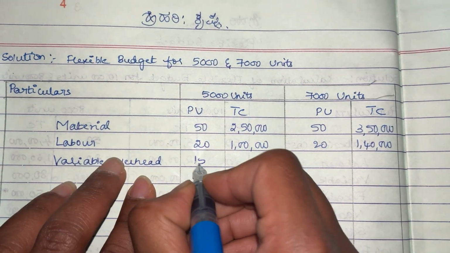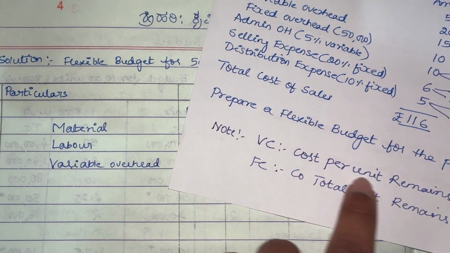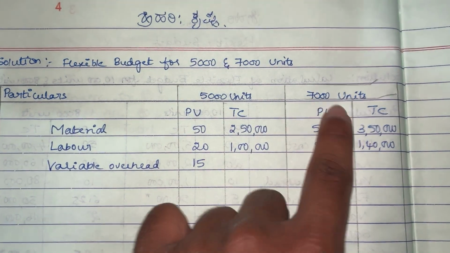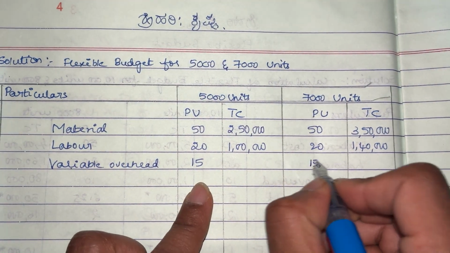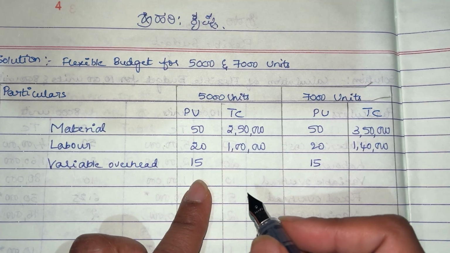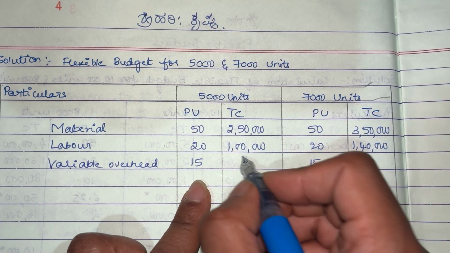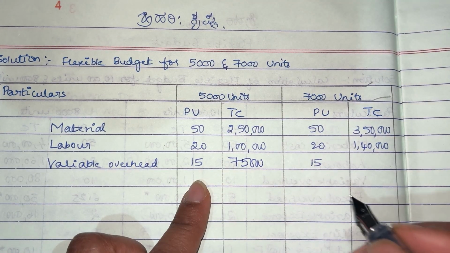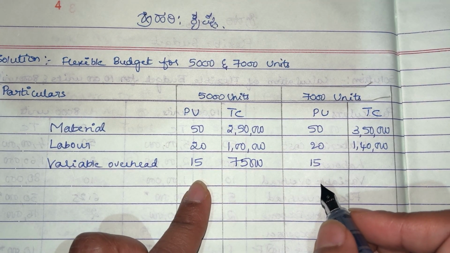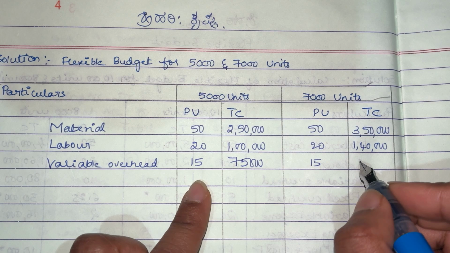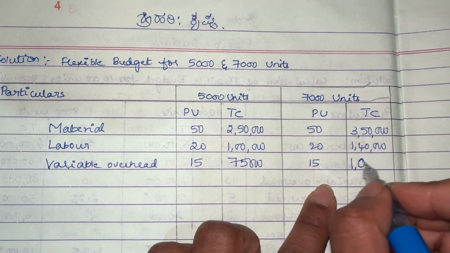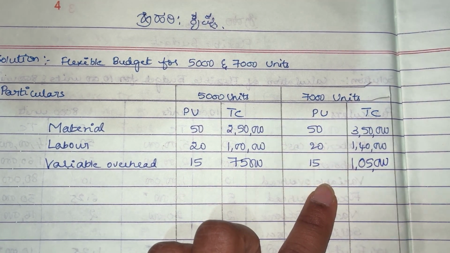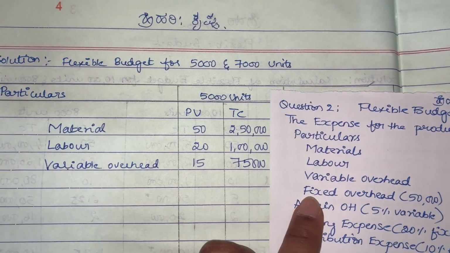In the case of variable overhead, please keep in mind, cost per unit always remains constant. 15 into 5,000 will be 75,000. 15 into 7,000 units will be around 1 lakh 5,000.